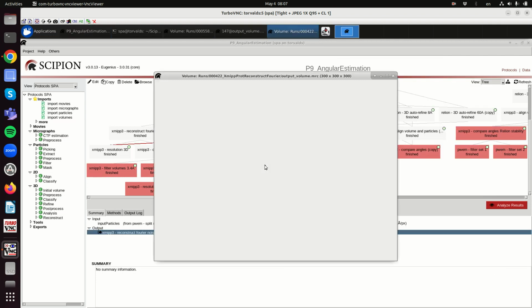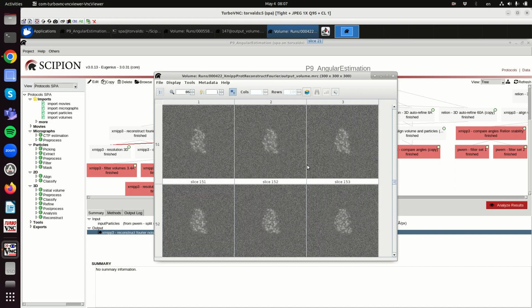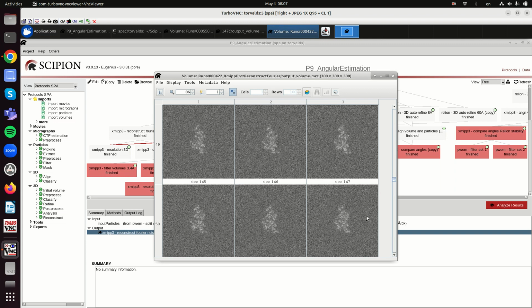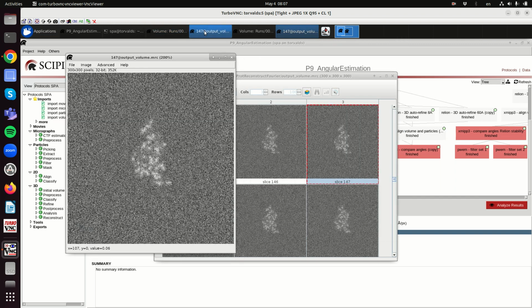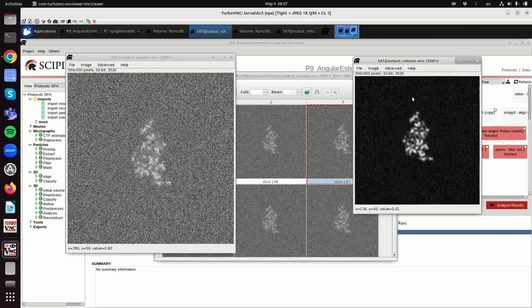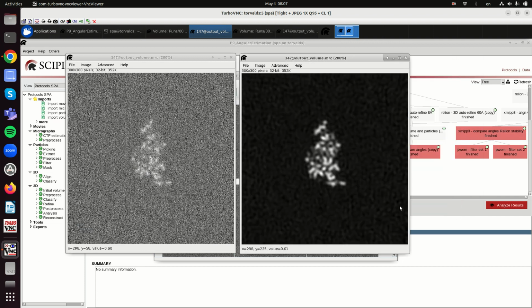This was slice 147, so we can go to the same slices and compare this one to this one. You see one is much cleaner than the other, but this information was contained here, so even if it is hidden by the level of noise, after filtering we can recover it.